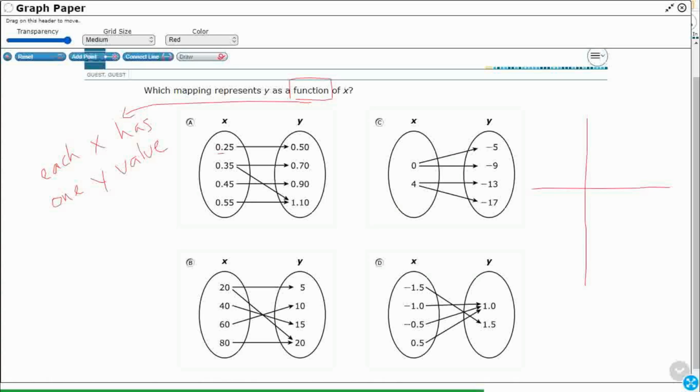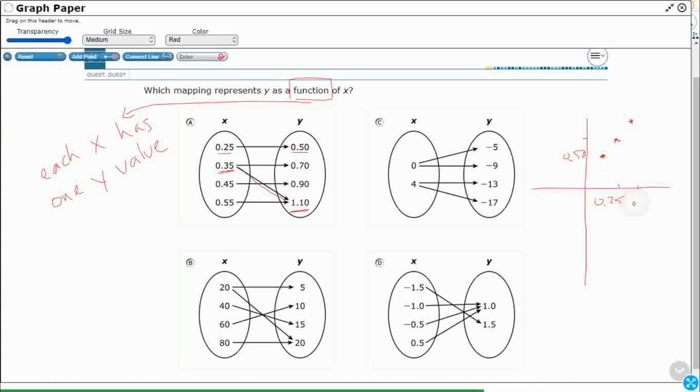Let's say we've got this A right here, and we plot that 0.25, 0.50, and then the 0.35, 0.70 might be right there. But then take a look at this. We've got the 0.45, 0.90, so that's moving up right here. But then look at this 0.35. It also has an arrow that goes down to the 1.10.